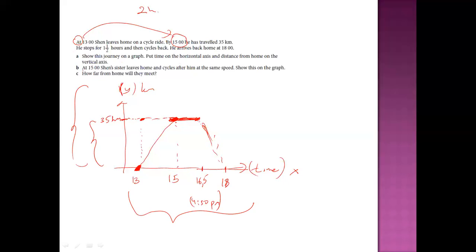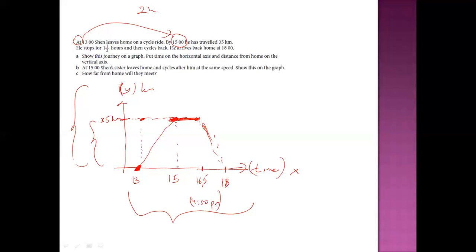And B: at 15, Shan's sister leaves home and cycles after him at the same speed, but she does not leave at the same time.